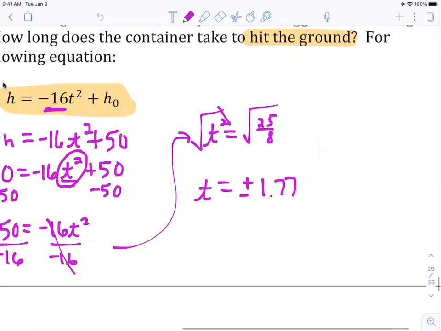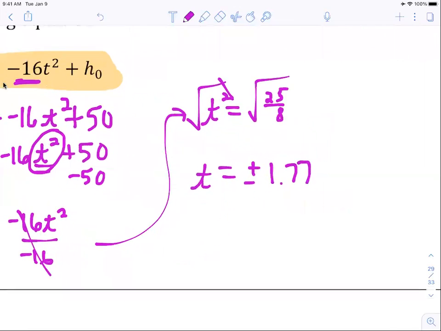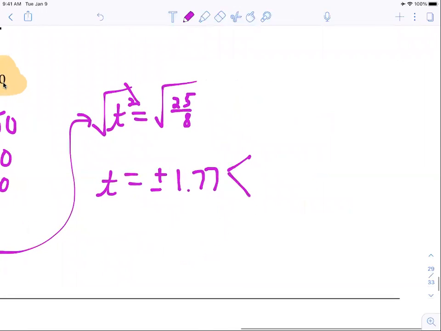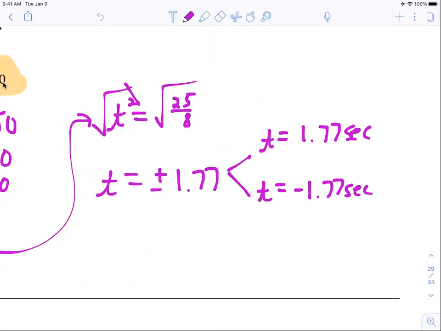Now, because this is time, we have to really think about what makes sense. You're saying 2 things: the time it takes to reach the ground could be 1.77 seconds, or it could be negative 1.77 seconds. Hopefully you're realizing that one of those is an issue because we cannot go back in time.